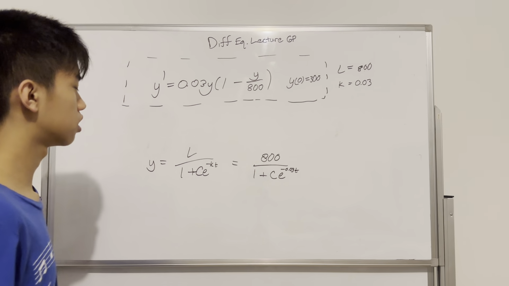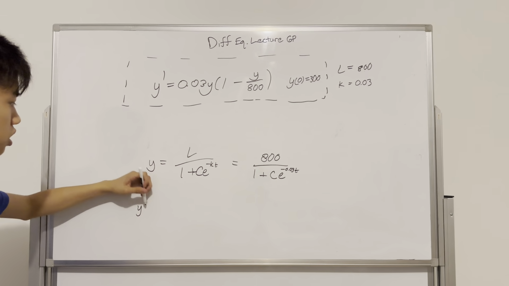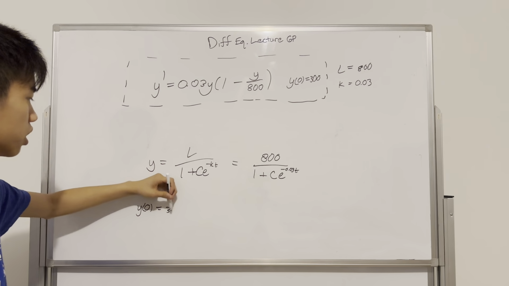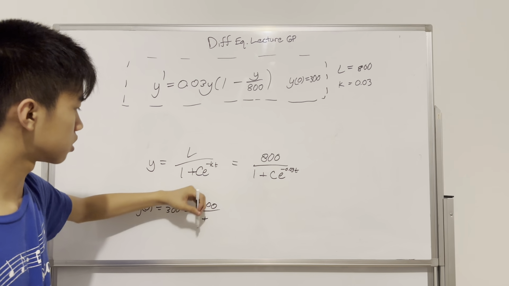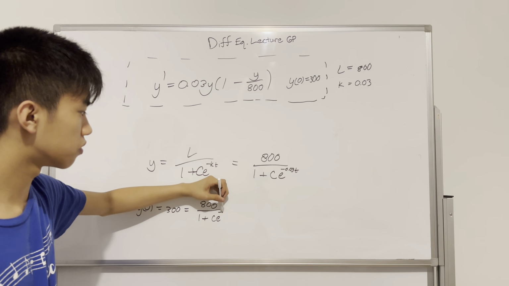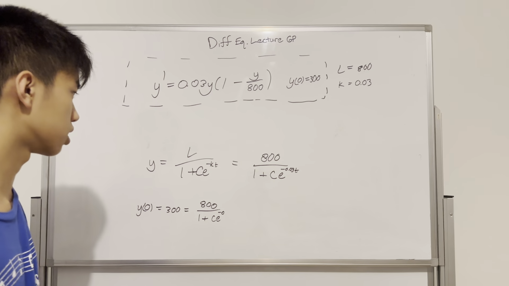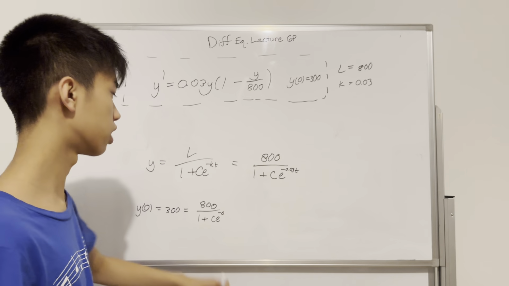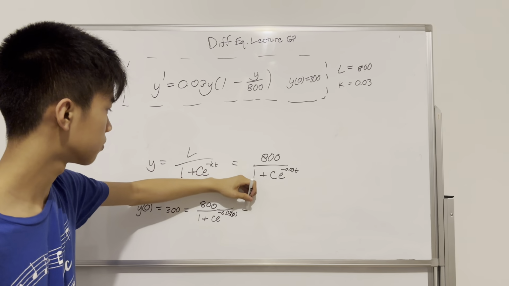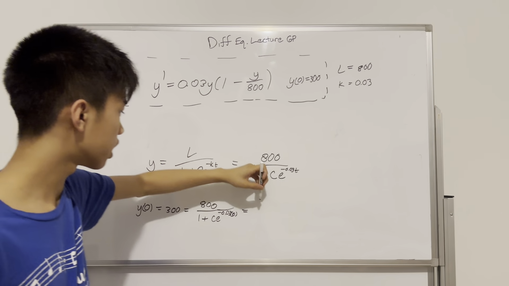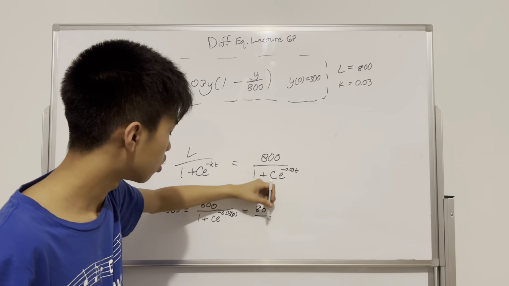All right, easy. So now we can just figure out the initial conditions. So y of 0 equals 300 equals 800 over 1 plus c e to the negative 0 power, because 0.03 times 0. I'm going to write it out just for clarity. So we get 800 over 1 plus c.